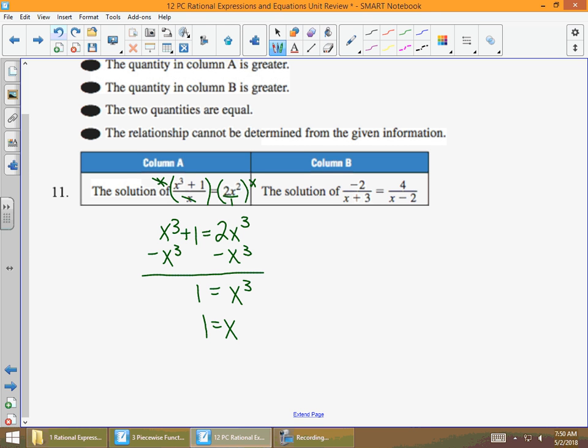Column B, you can really cross-multiply here, but if you're thinking about doing every equation problem consistently, then I would multiply each side by your most complicated denominator. So here, I would multiply by x minus 2 times x plus 3, and on the left side, x minus 2 times x plus 3.